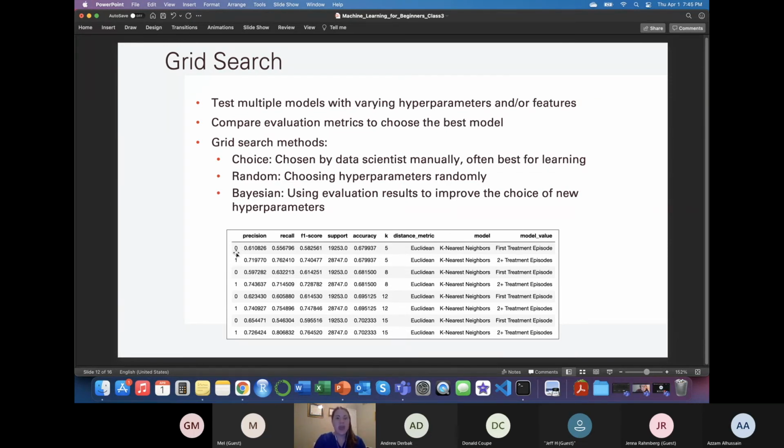Those that were a first admission to substance abuse treatment, you can see that over there. More often, it's predicting those people that were there for a first treatment as those that had 2 or more treatments. We can see that by the lower precision and recall values.